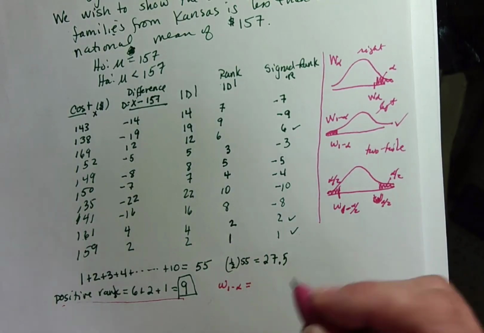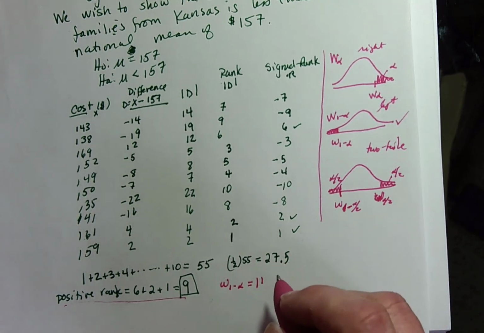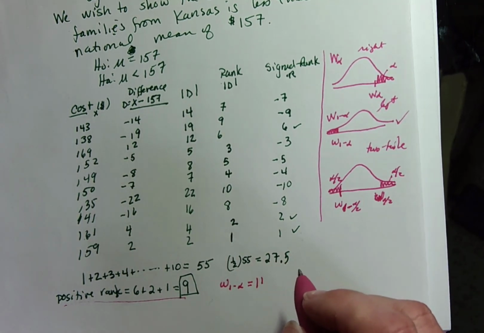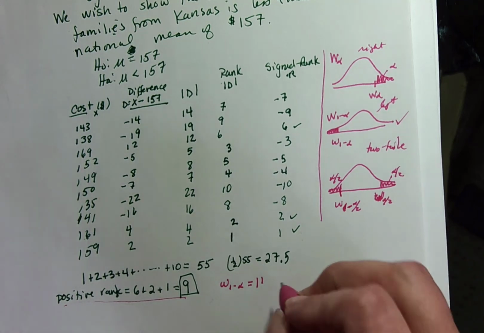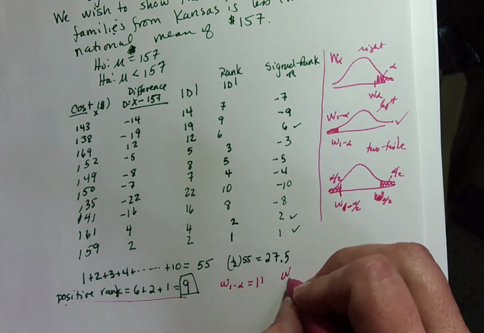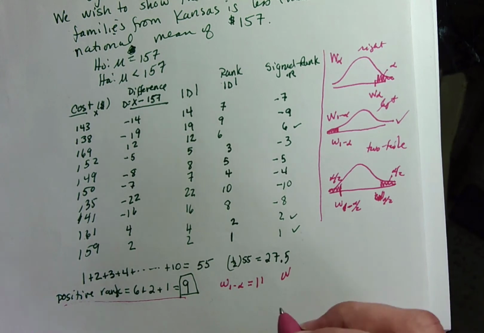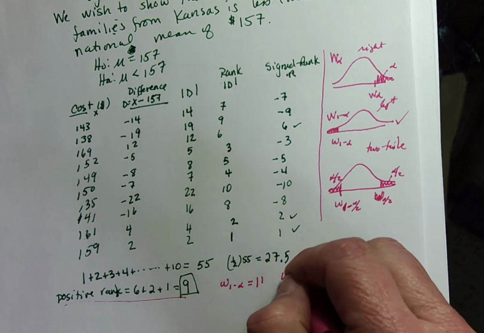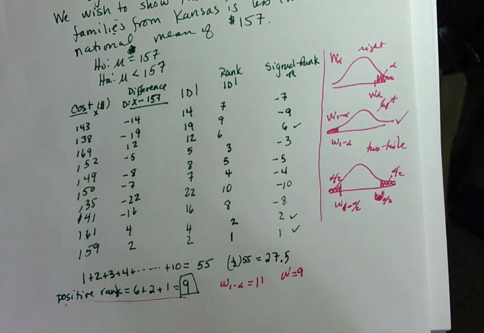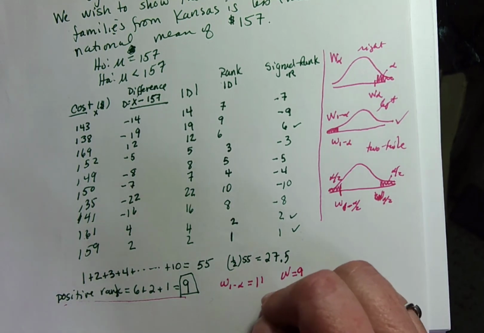So with that equaling 11, what I have to do is think about that this is my critical value. The rejection region consists of all W values less than that because I'm in the left-tailed test. So all my test statistic values that would be to the left of that would tell me that I should reject the null hypothesis.